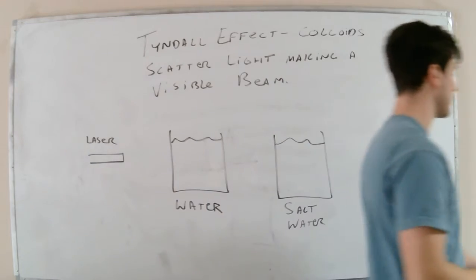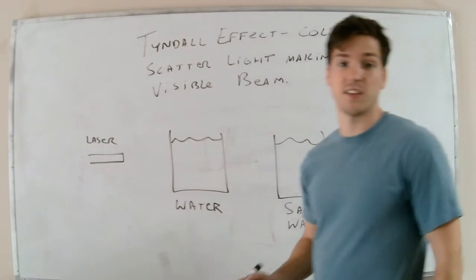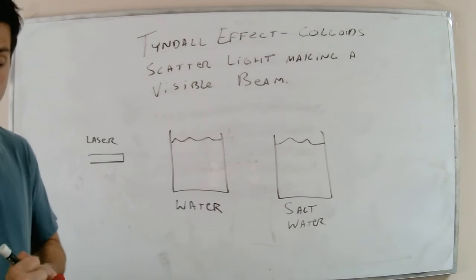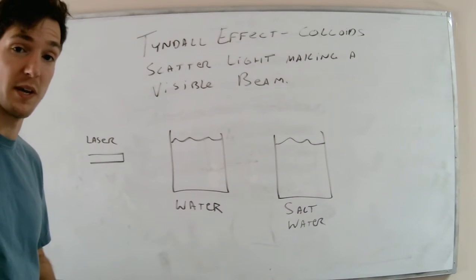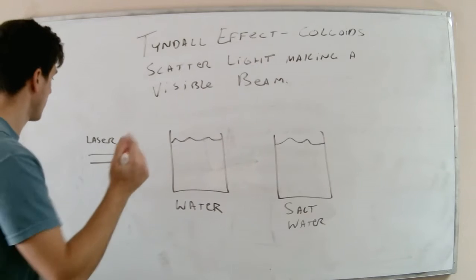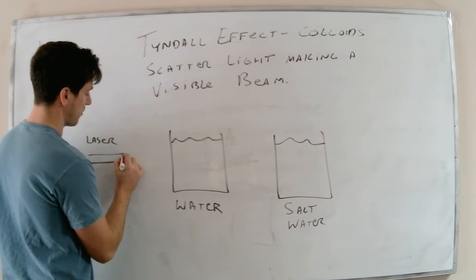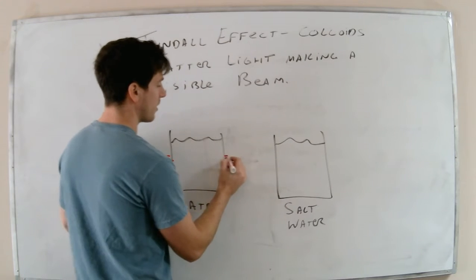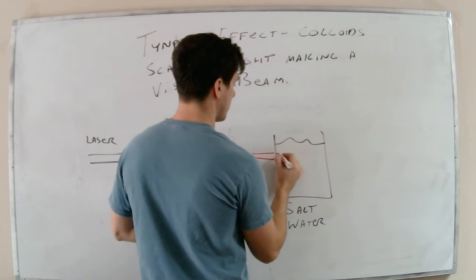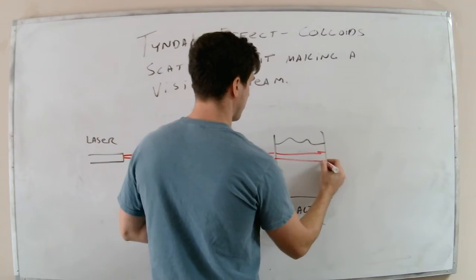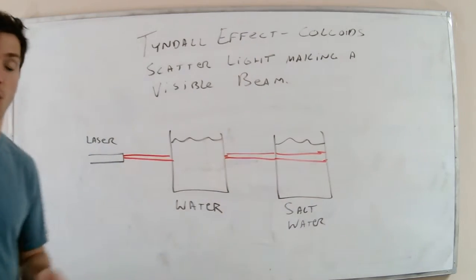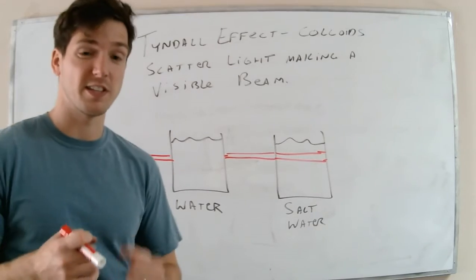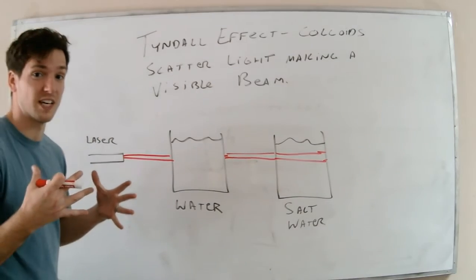Well, the Tyndall Effect states that light will scatter in solutions that have particles big enough in them to show a visible beam. So if I were to shine a laser through both of these, you wouldn't see a laser in the water, but you would see a laser in the salt water. The reason being is just that salt water has particles in there that the light will reflect off, so you can see a nice beam.